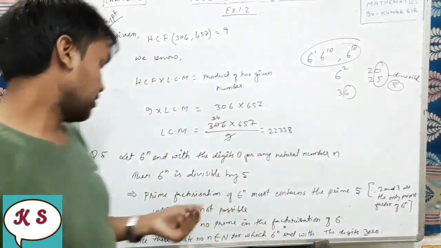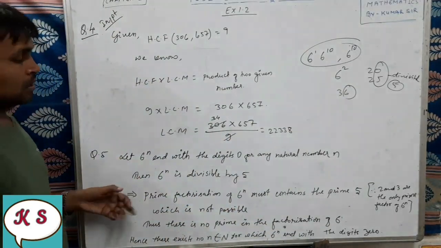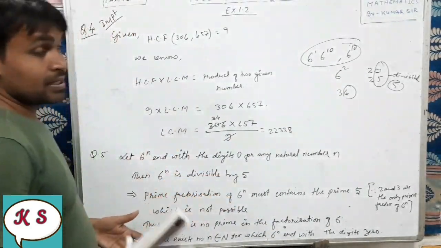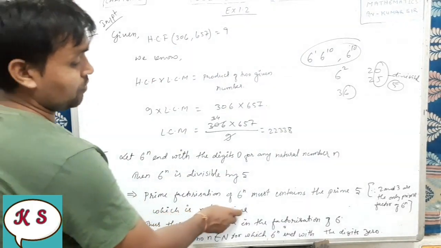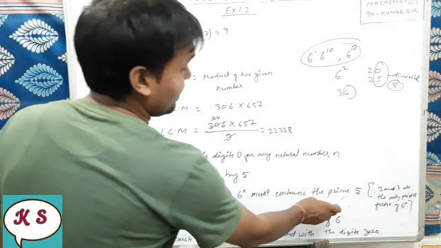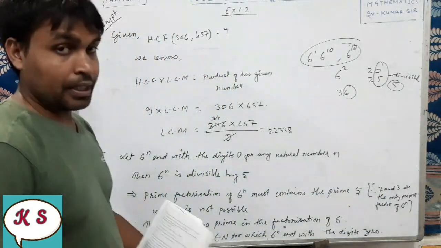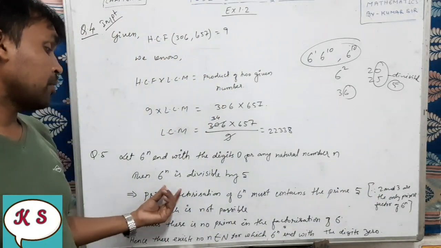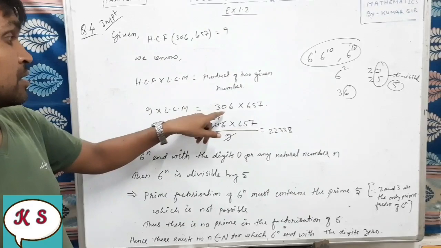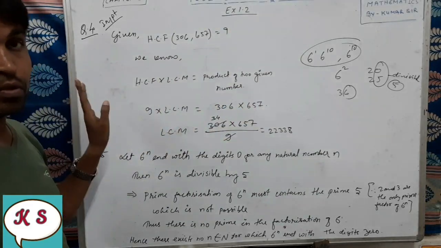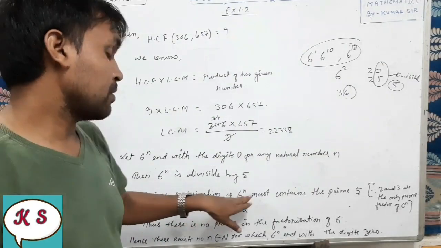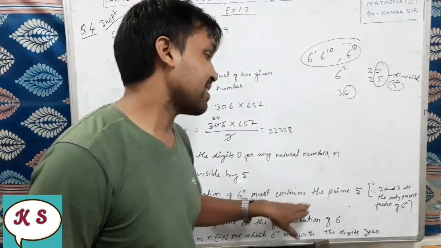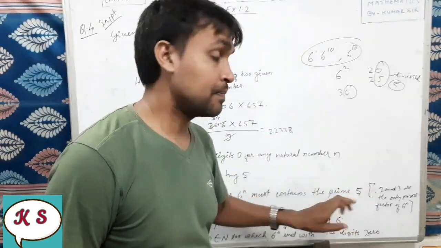It's an assumption, okay? If it is divisible by 5, then what does it indicate? It indicates the prime factorization of 6 to the power n must contain the prime 5. I have already told you in question number 1 what prime factorization is.